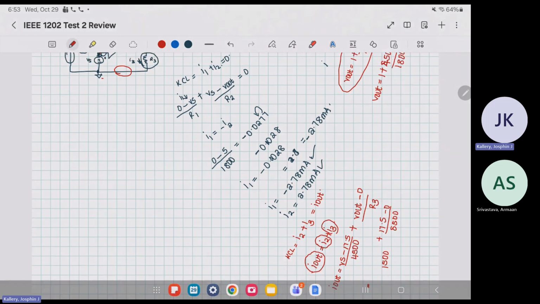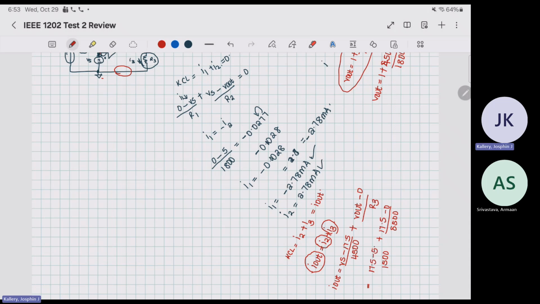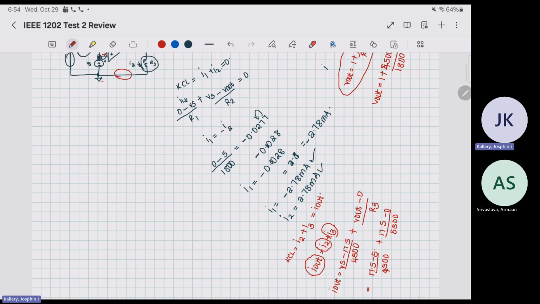So when we do that, we get I out equal to 0.004836.